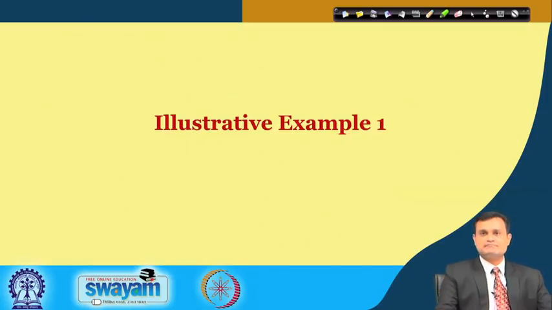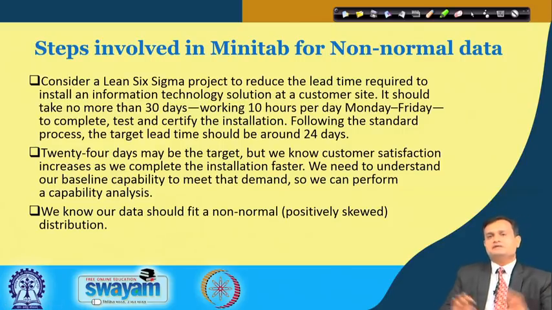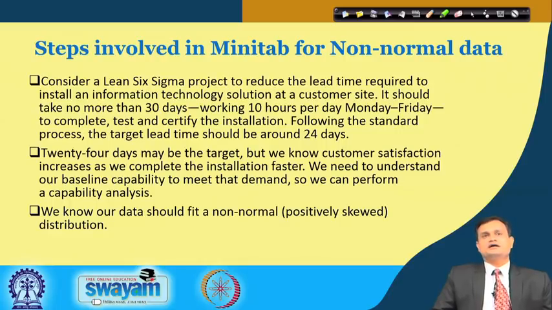So, illustrative example 1, let us say I have the Minitab software and typically I need to follow the steps like this. Consider a Lean Six Sigma project to reduce the lead time required to install an information technology solution at a customer site, and it should take no more than 30 days.